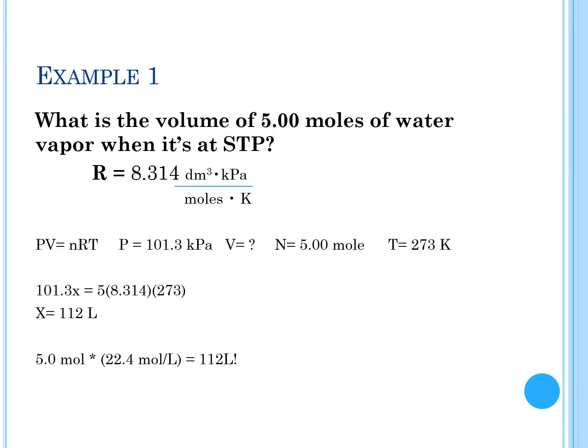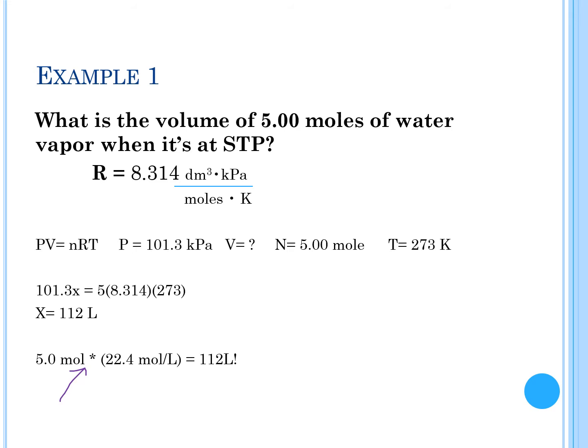Okay, so last week we did this example of 5 moles of water at STP. Because it's at STP, we could just use a one-step molar conversion using that 22.4 that we've seen before.